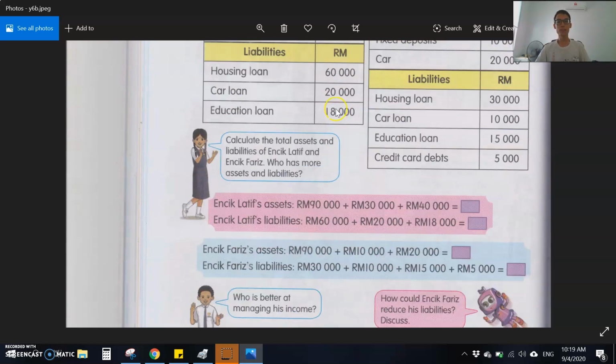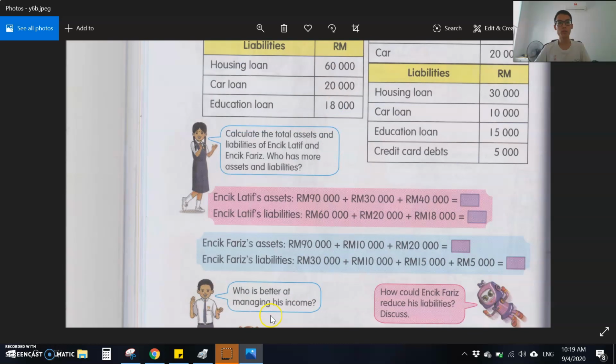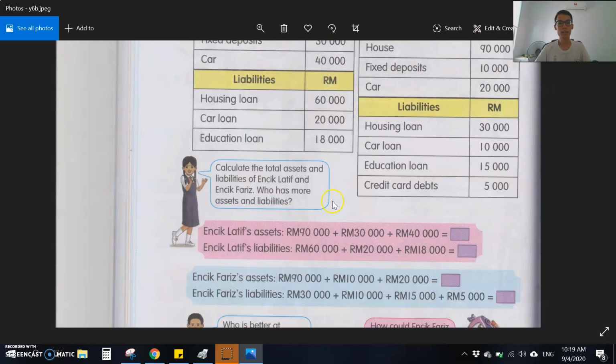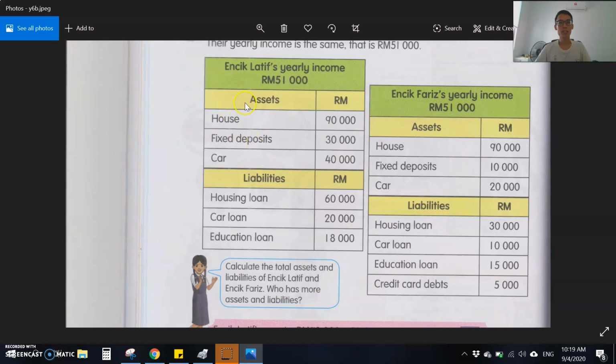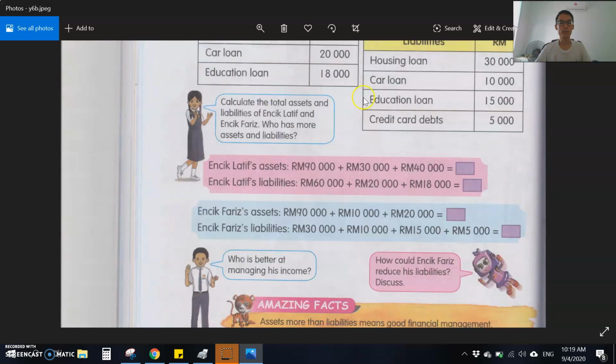So nak cari siapa yang lebih arif dalam menguruskan kewangan, who is better at managing his income, awak kena tambahkan semua aset Encik Latif, tolakkan liability dia.